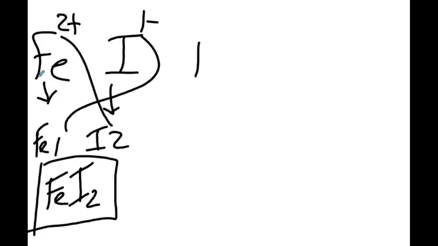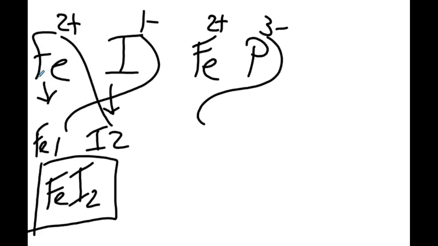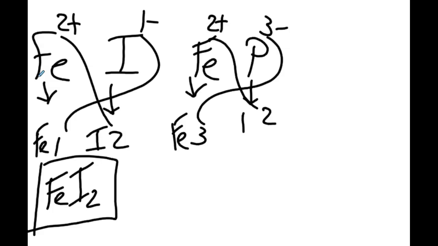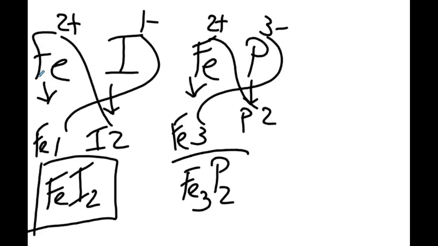So if I do iron again, Fe, 2 plus, and if I do phosphorus, it's a 3 minus. I'm going to crisscross those numbers, bring my symbol straight down. In the box, I need to show that it takes 3 irons for every 2 phosphorus to create a compound. Okay, let's try one more.